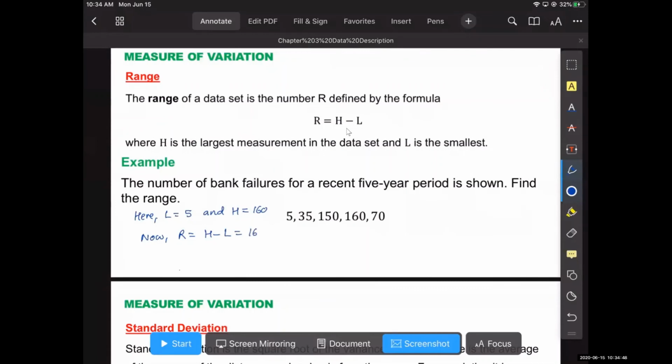Your highest value is 160, lowest value is 5. So your range is, how much is 160 minus 5? 155. So that is the range. Okay, range is 155. Always remember, range is the difference between the highest value and the lowest value.